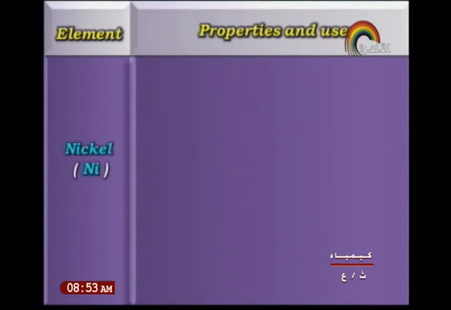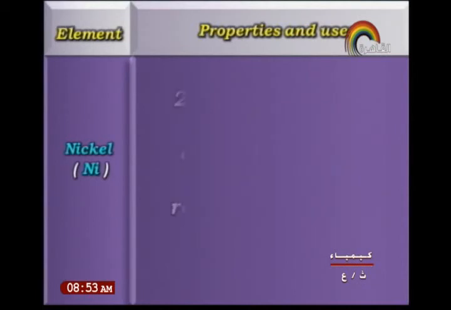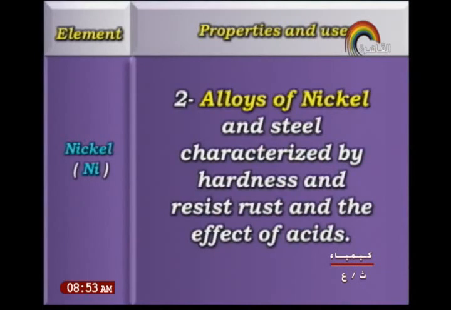Now, my dear students, we are going to discuss nickel that has atomic number 28. It is used in the manufacture of nickel-cadmium battery that can be recharged. And the alloy of nickel and steel is characterized by hardness and resists rust and the effect of acids.